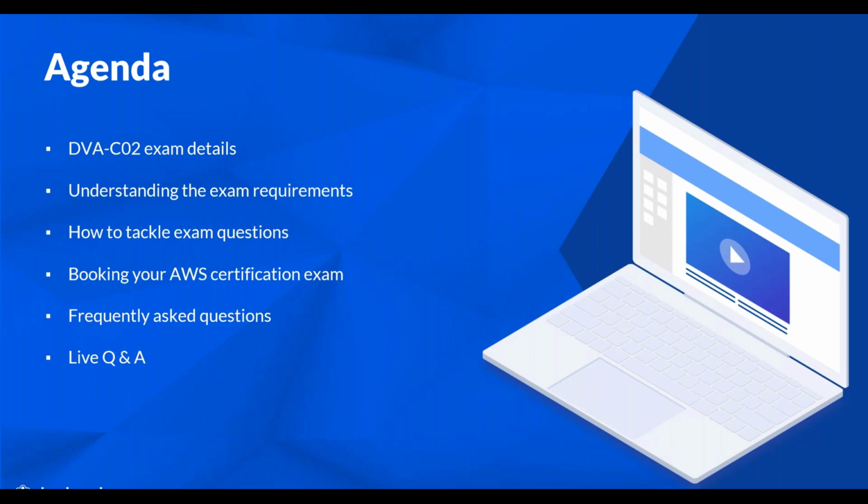We'll talk through the logistics of booking your certification exam, and we'll go through some of the frequently asked questions that we receive here at Cloud Academy pertaining to this certification, as well as just AWS certifications in general. And then we'll wrap up with that live Q&A. So as Doina said, make sure that you are submitting your questions in the question box, and we will have a dedicated time to go through those.